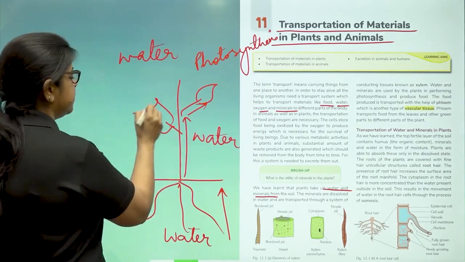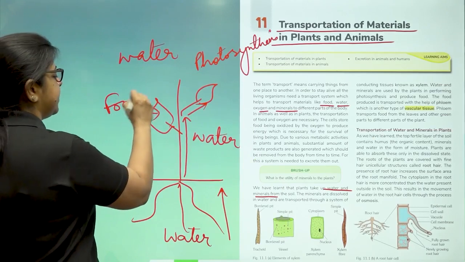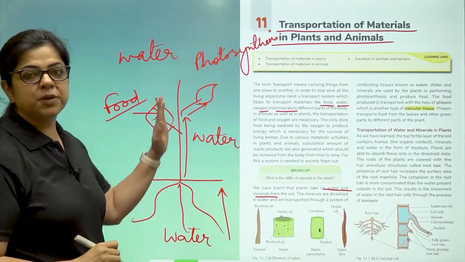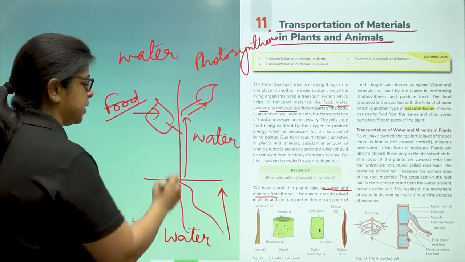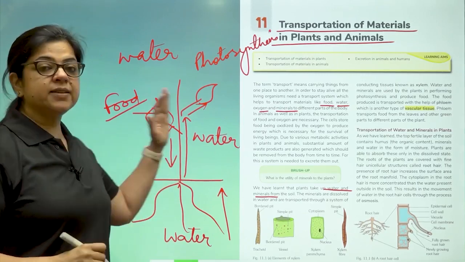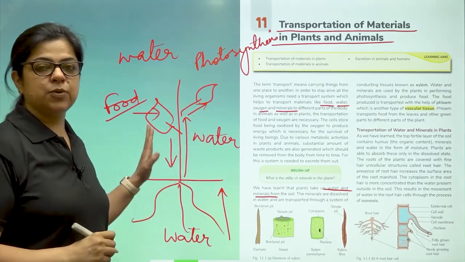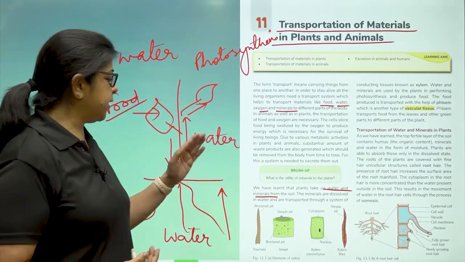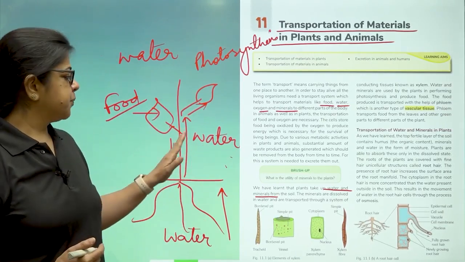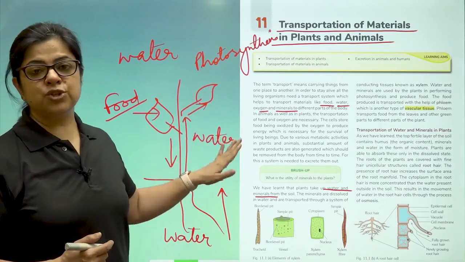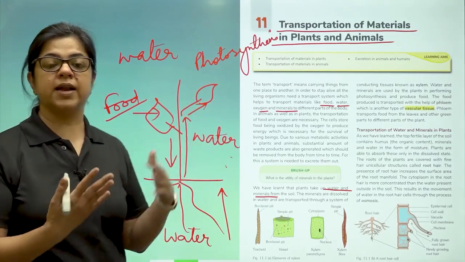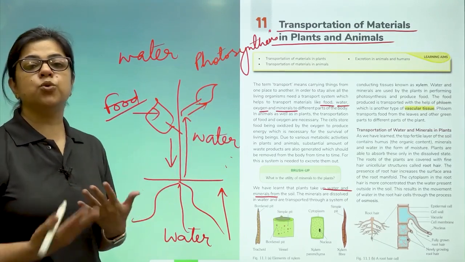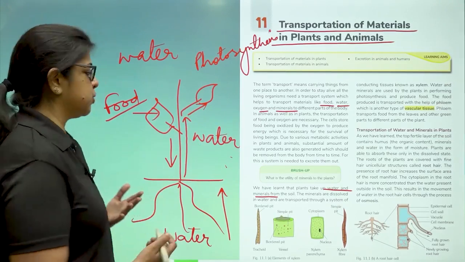Once again, the food that is being prepared in the leaf has to be transported to all parts of the plant. So another set of cells is required to transfer the food and a different set is required to transport water. So children, the function of transportation of water and food is done by two different sets of tissues.